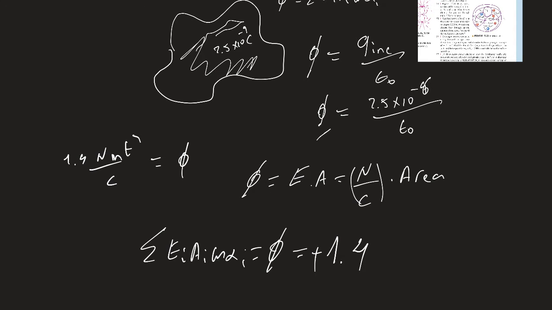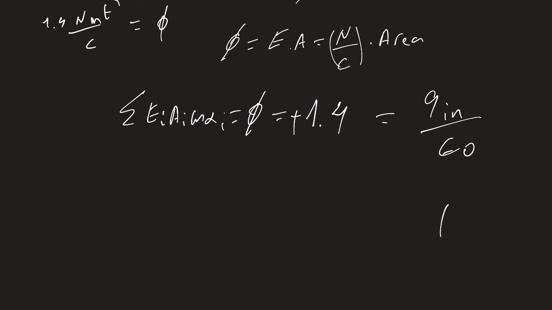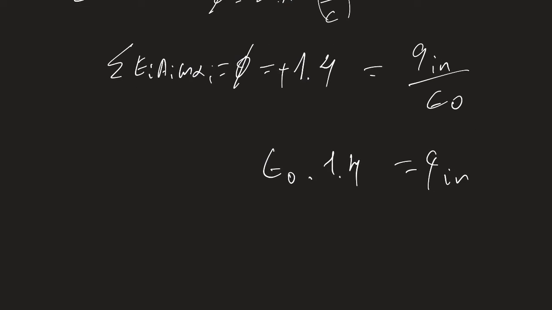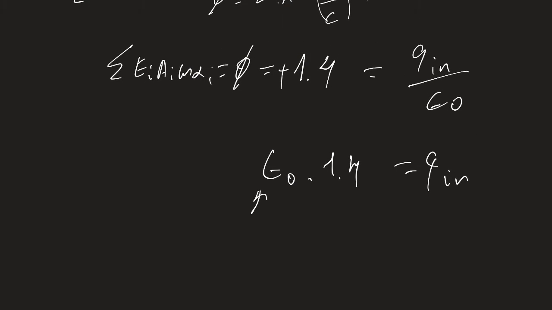If it's negative, the flux goes in. So what is the charge inside? Well, Gauss' law will tell you the charge inside is epsilon 0 times 1.4. You look up epsilon 0, you multiply by 1.4, and you get the charge inside.